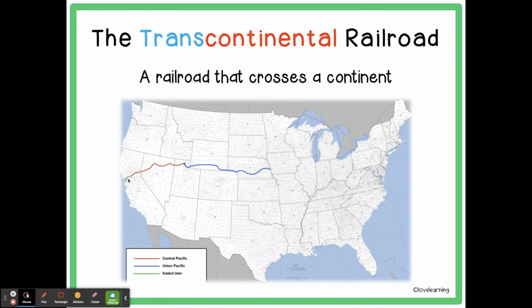That little bit of green down there is what's added on later. So ultimately, what we need to understand is that there are two companies that are going to be working on this railroad. So first thing, if you will, pause the video and document down in your journal the definition of the Transcontinental Railroad. Write the words Transcontinental Railroad, and the definition is a railroad that crosses a continent.